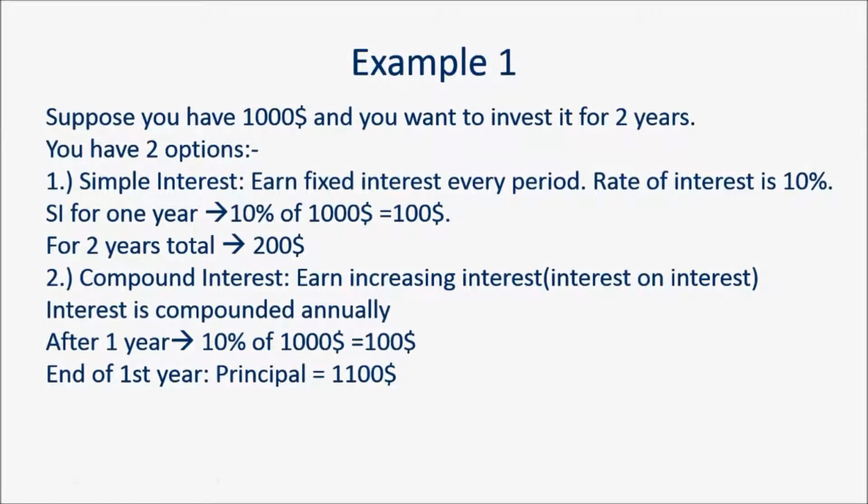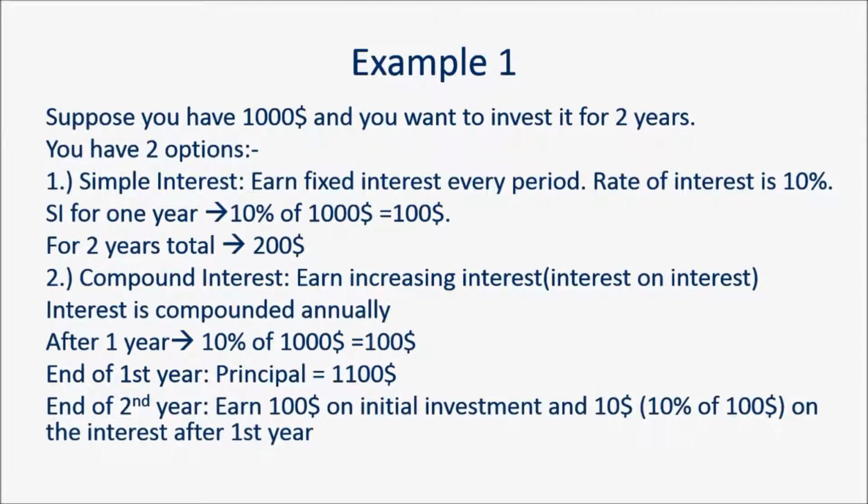So at the end of second year, you earn $100 on your initial investment and $10, which is 10% of $100, on the interest you earned after first year. So after 2 years, you earn a total of $210. Again, this should be pretty simple.